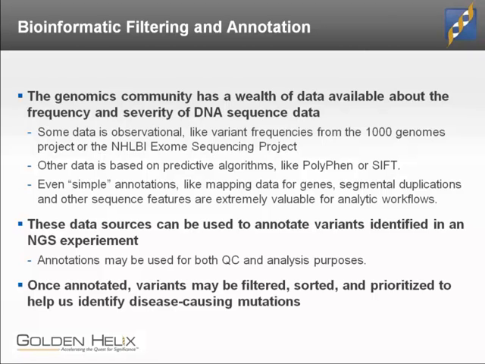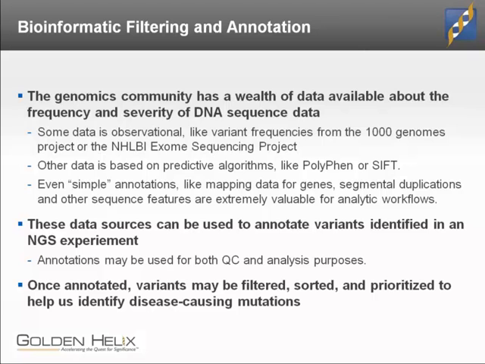And some of it is strictly observational data, like variant frequencies from different population level projects. Other data is based on predictive algorithms coming out of the bioinformatics community. And there's even simple things that maybe have been around for decades, like just simply knowing the mapped location of a particular gene. That is very valuable, and we may often take for granted that we know that.